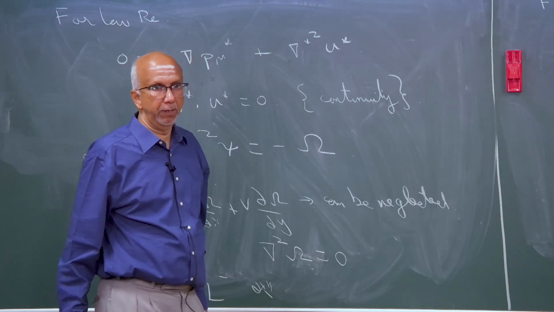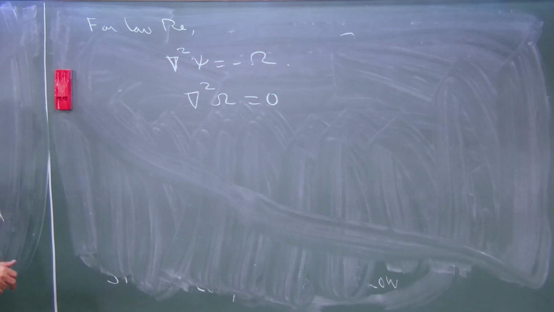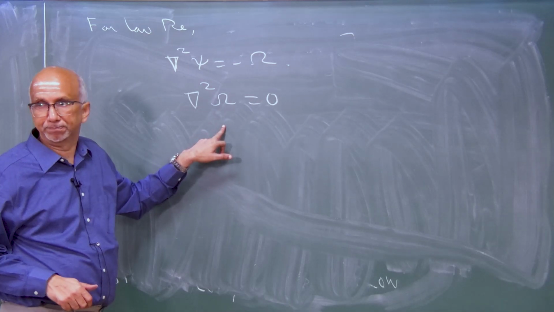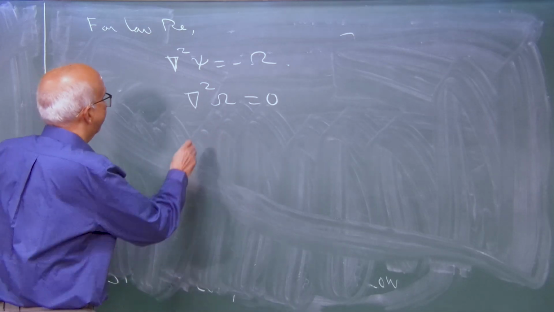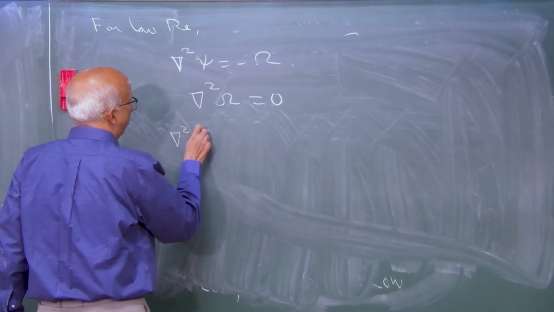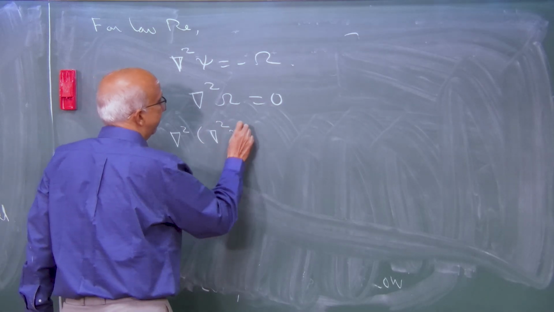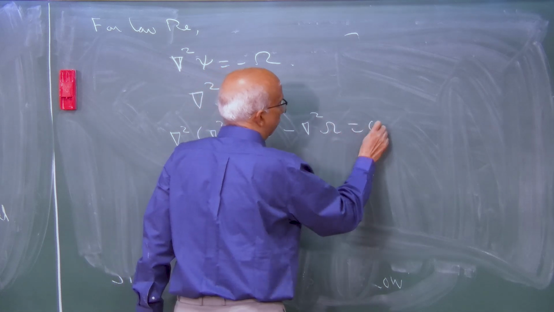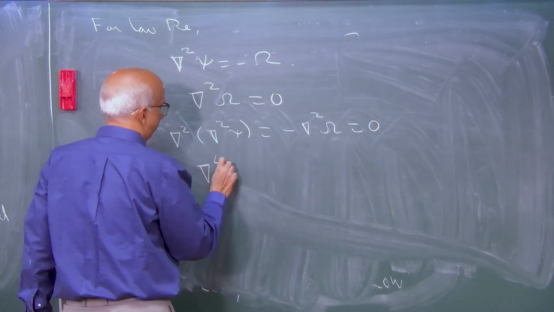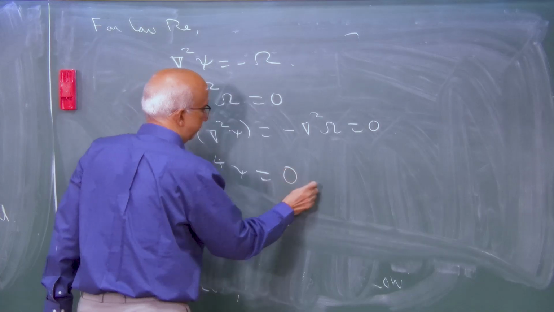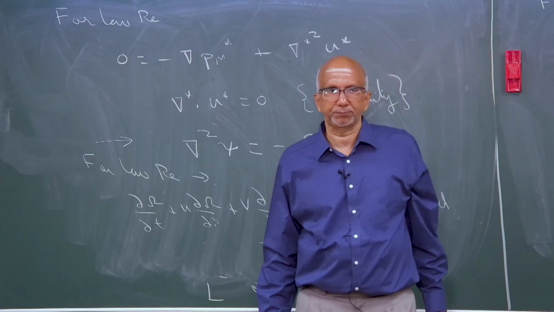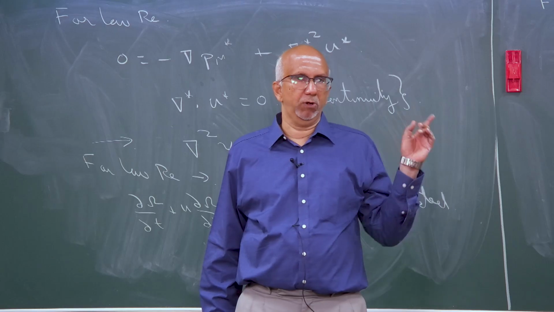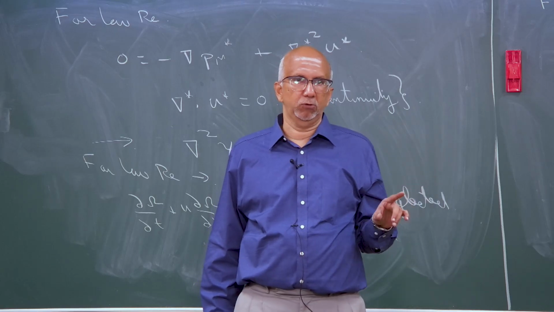Or what I can do is operate on both sides by del squared, and what will I get? Del square of del squared psi equals minus del squared omega, which is 0. Basically, I have a fourth order equation in psi. I want you to remember that what I have done is only for Cartesian coordinates.